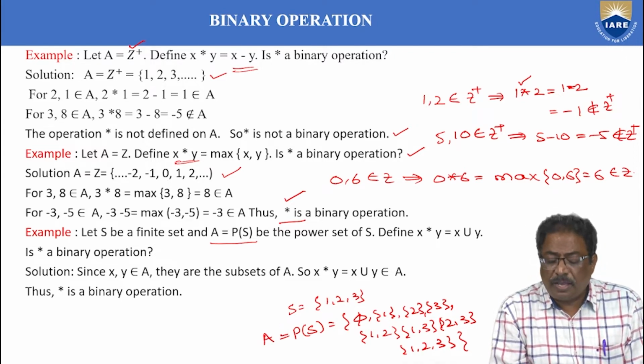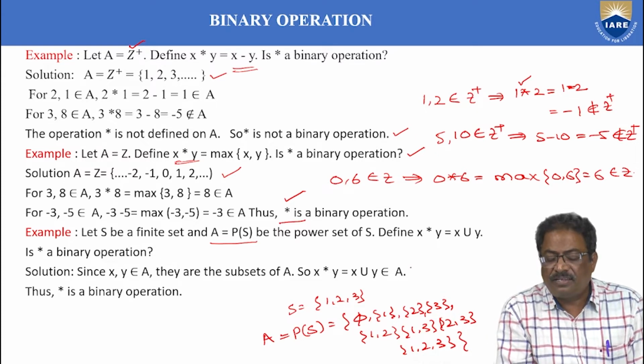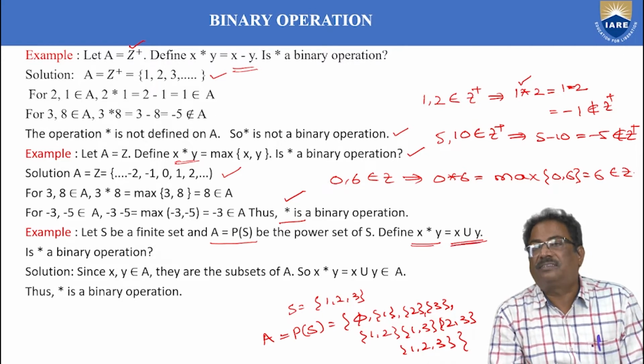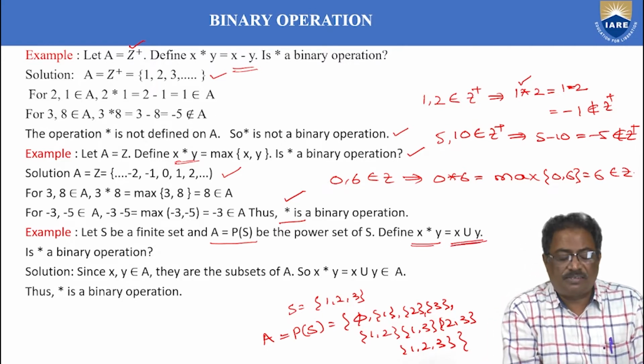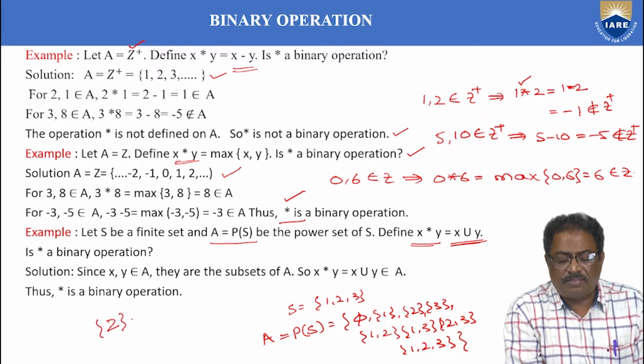Now I am considering any two elements from this set. Here x star y is the union of those two sets. Let us consider I am taking 2 as one set and another one, let us take 1, 3.